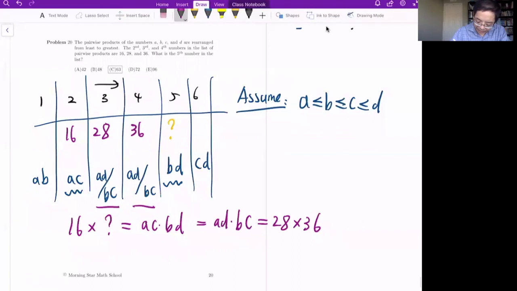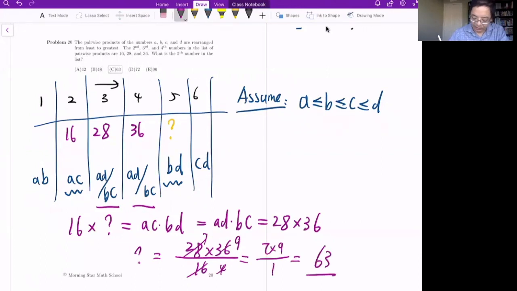So then this question mark equals 28 times 36 divided by 16. So we can do this: 28 is 4 times 7, 36 is 4 times 9, so you divide by 4. So this is 7 times 9, so this is 63.